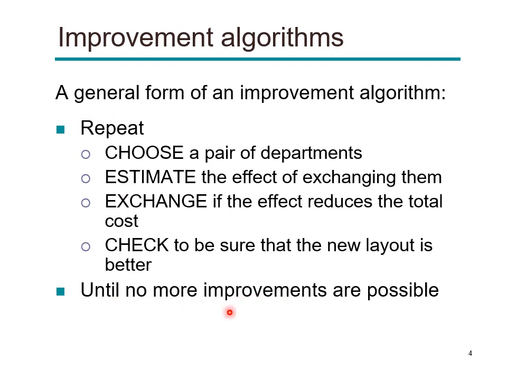Do not be confused by this statement, because this is a heuristic algorithm and it doesn't guarantee optimality. But you may ask, if there are no more improvements, then it should be optimum. But remember, we started with an initial solution, and over this initial layout we make these exchanges, and at the end we came to a layout where exchanging the departments will not give any improvements.